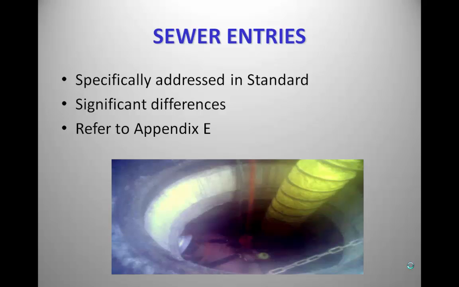The third reason they're unique is the fact that people that work in sewers, that's their job. So it's common for them to develop some form of complacency with that. So again, if you want to read it verbatim, it's about a page and a half worth of reading material, the Appendix E in the 146 standard.